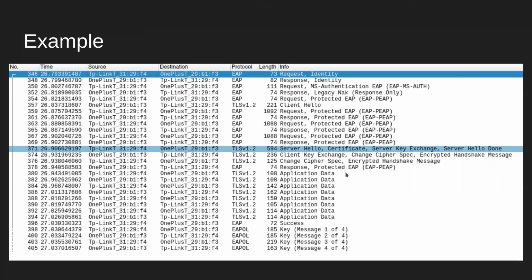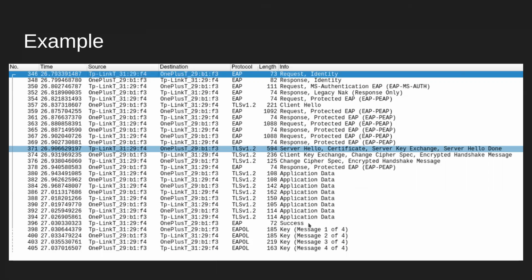And then at this point, this application data is where the MS-CHAP protocol is being carried out. It's a very hairy protocol, but it's a lot of fluff. Really, it's broken. And then after that, you get a success message being sent back.